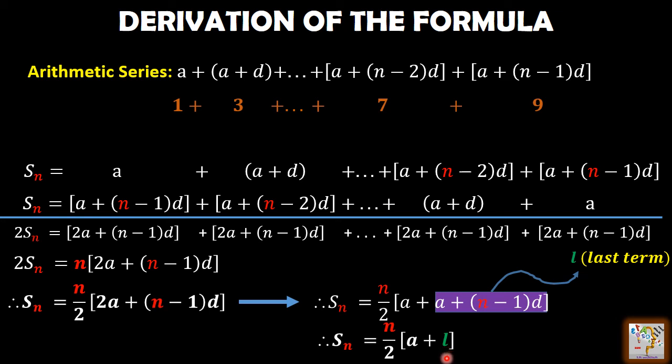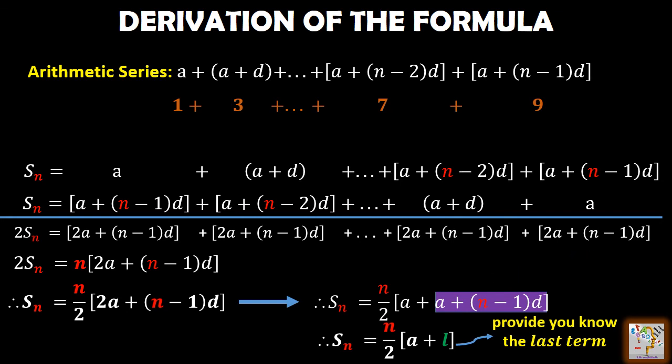But people, you only use the formula Sn is equal to n divided by 2 into a plus L provided you know the last term, provided the series is finite, provided the series terminates. If the series doesn't terminate, then you use Sn is equal to n divided by 2 into 2a plus n minus 1 into d.